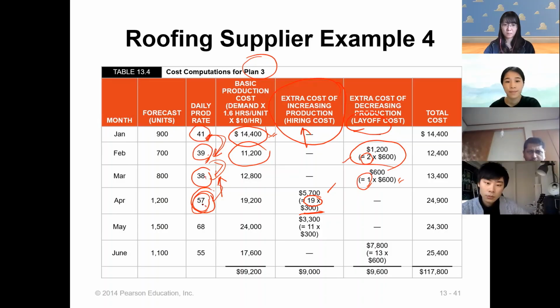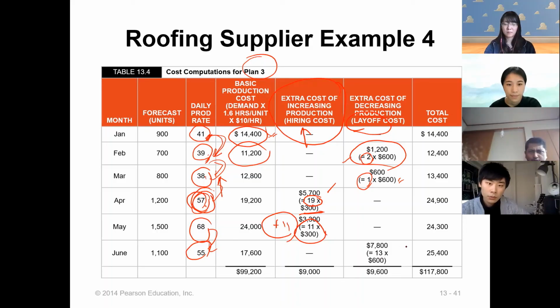38 going up to 57 is plus 19. 57 going to 68 is plus 11. So this plus 11 times 300. And finally you reduced back, 68 to 55.